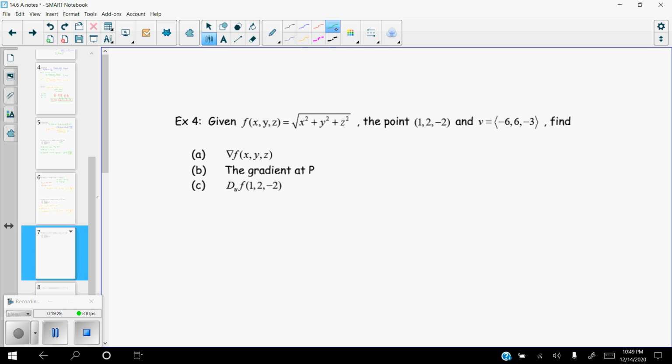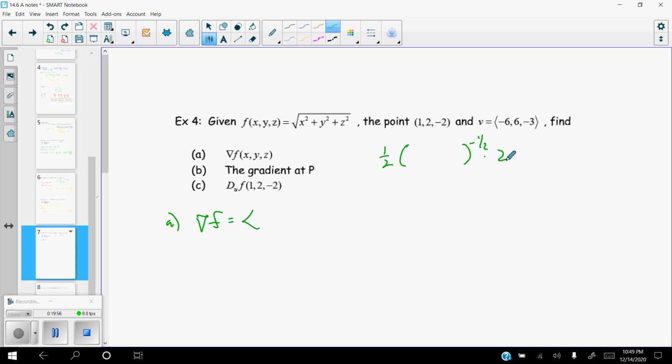All right, so let's do the same thing here. We've got our partials for our gradient. I have to do a little bit of a chain rule type of thing here. If we were to take the partial, I'm going to do this off to the side. It's going to be 1/2 the whole thing on the inside to the negative 1/2 power times 2 times whichever variable it is.